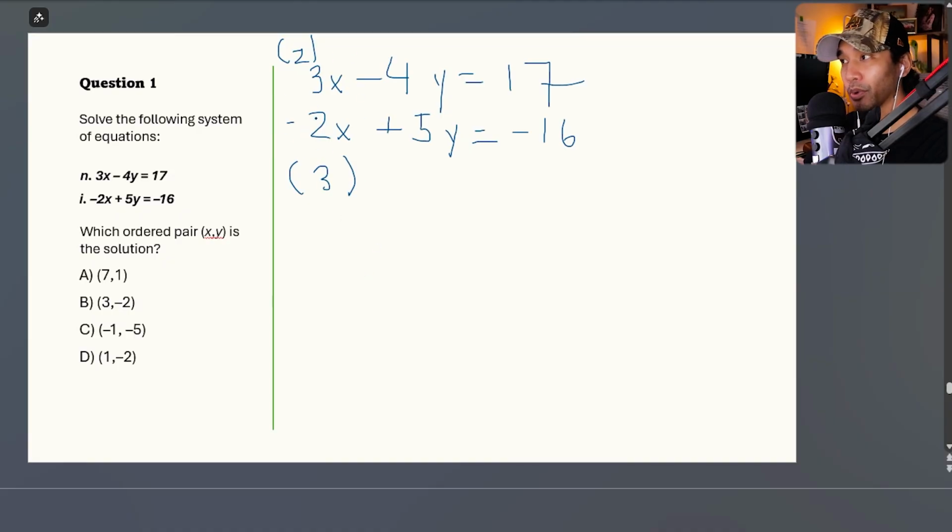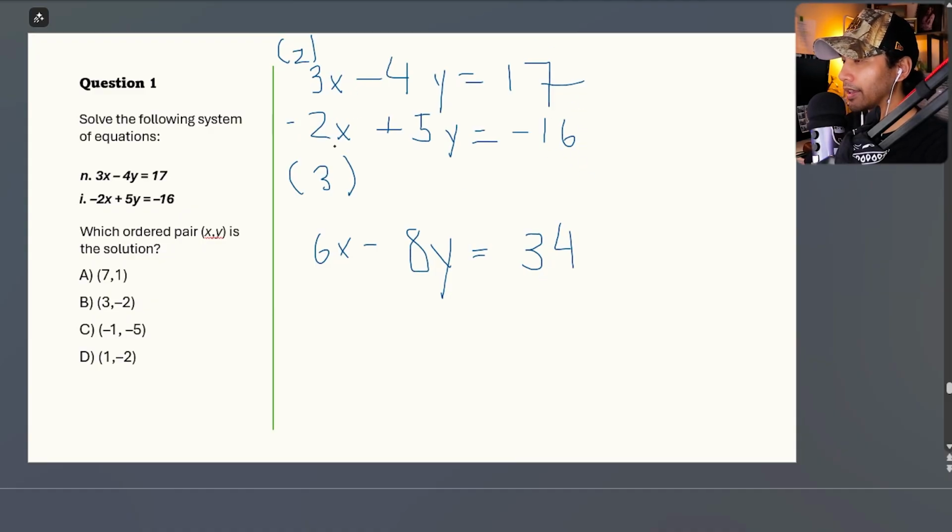What you will see happen when I multiply each equation by the respective numbers is we have 6x, because 2 times 3x is 6x, minus 8y, because 2 times negative 4y equals negative 8y. And then 2 times 17, that is 34.